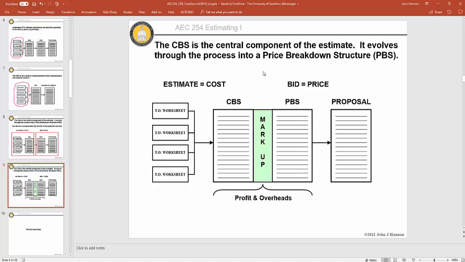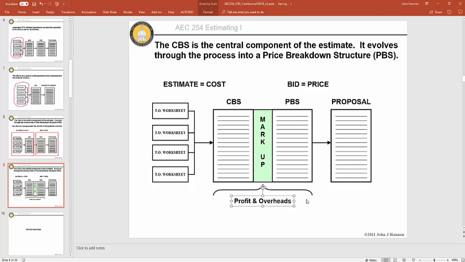So the thing that morphs the cost breakdown structure into a price breakdown structure is markups. And markups refer to definitely profit and overheads.